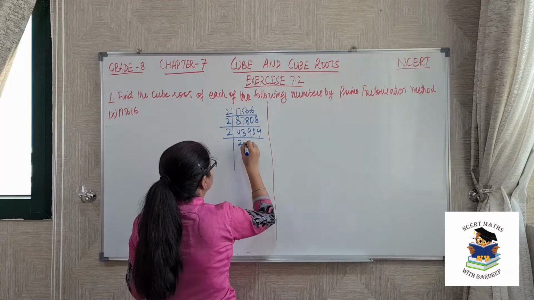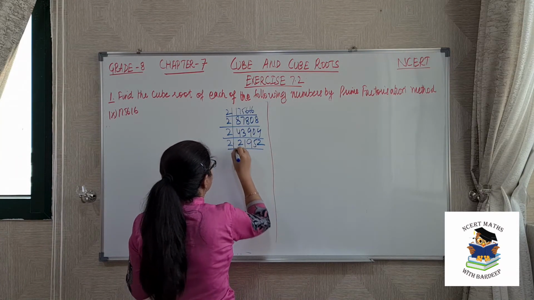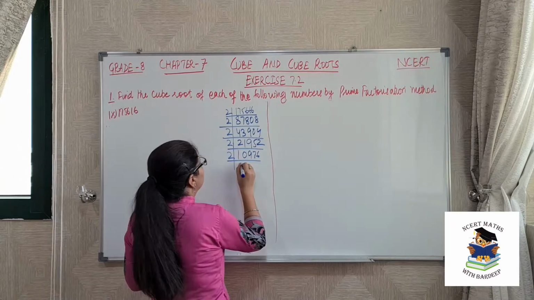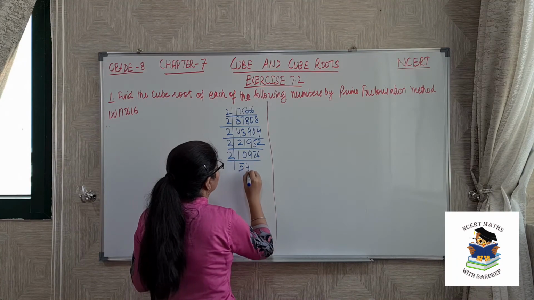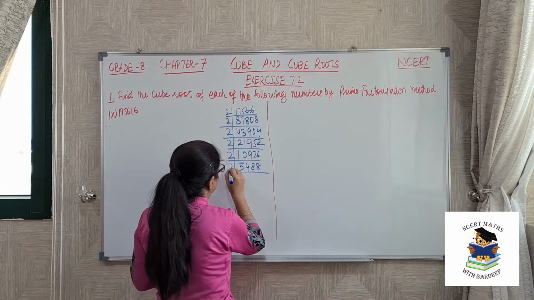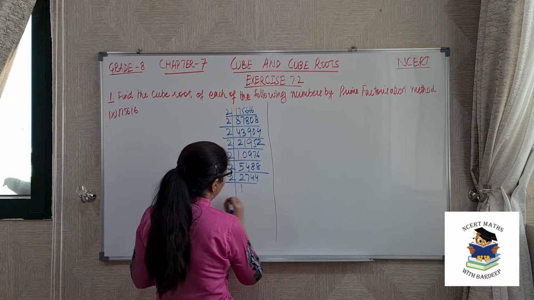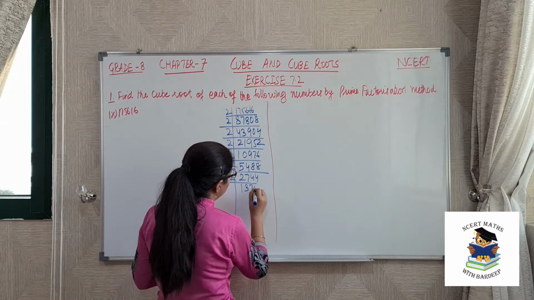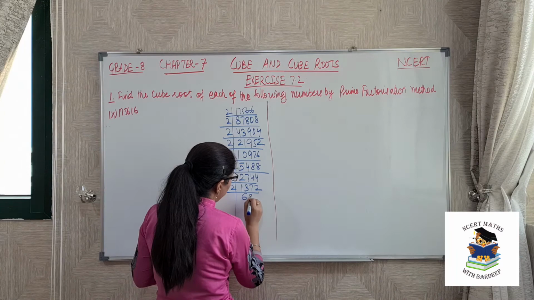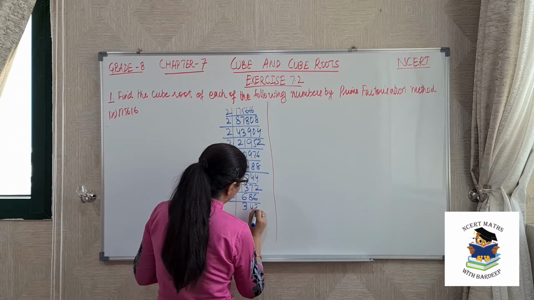So 21952, 10976, 5488, 2744, 1372, 686. Then this is 343.